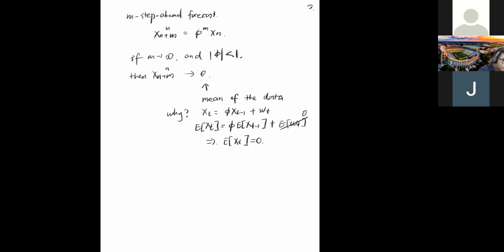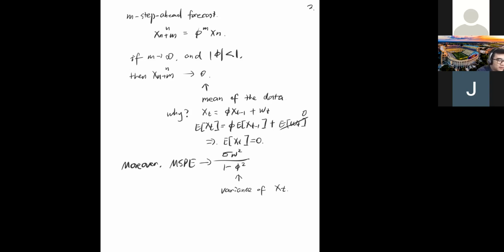And moreover, by using the geometric series summation rule, you can show that the MSPE goes to sigma_W squared over 1 minus phi squared. This is the variance of x_t.